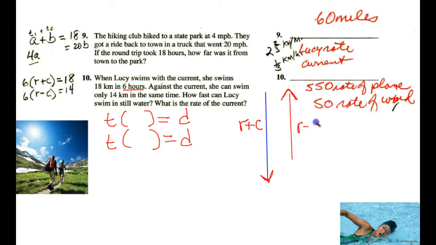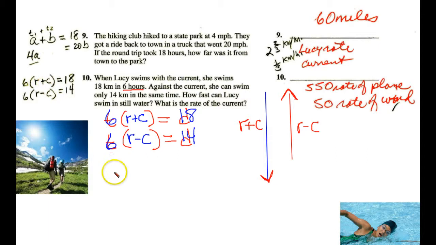R minus C. So what we're going to do is over here, we're going to put R plus C, and with the current, she goes 18 miles per hour, or kilometers. And then here, rate minus the current, and here this is 6 hours for both. And this is going to be 14. So that's where I got these formulas for.